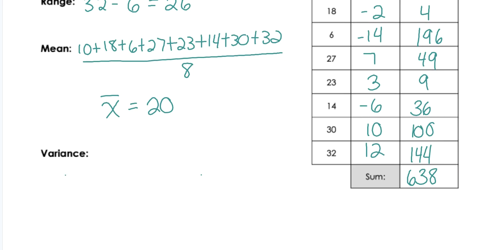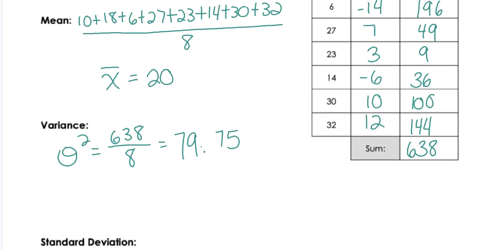Remember, variance is sigma squared, and we take the sum of those differences squared, so the 638 that you just calculated, and you divide it by the number of pieces of data we have. In this case, that comes out to 79.75. So our variance is 79.75.